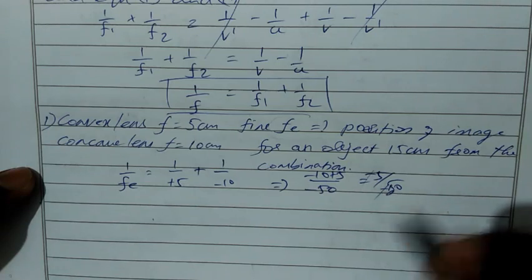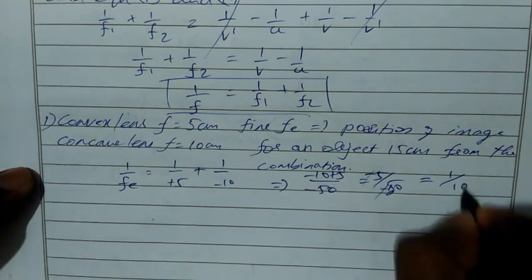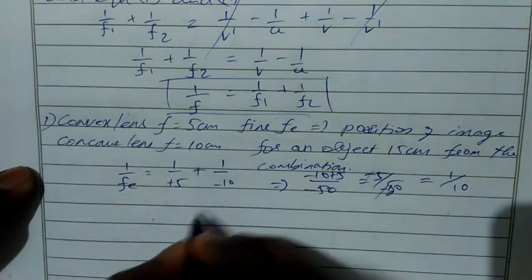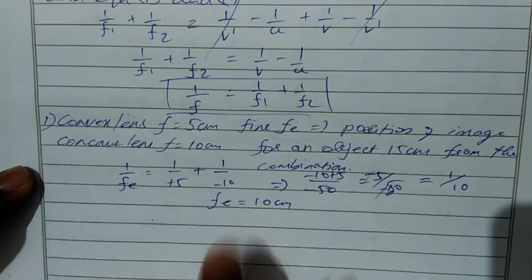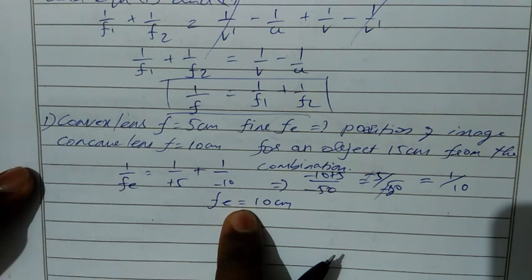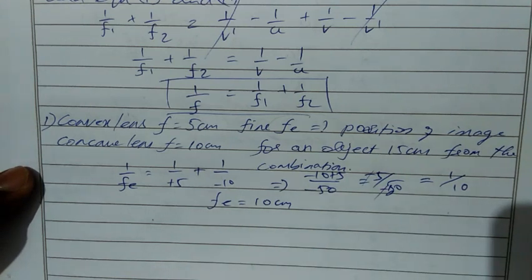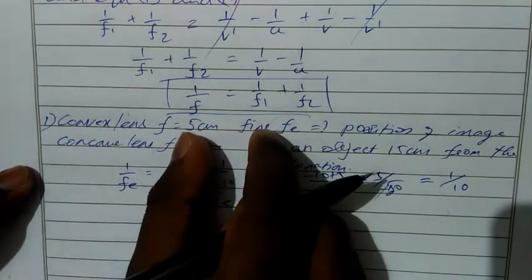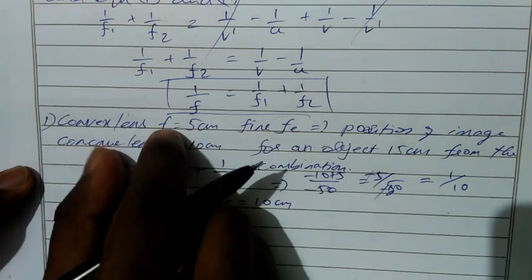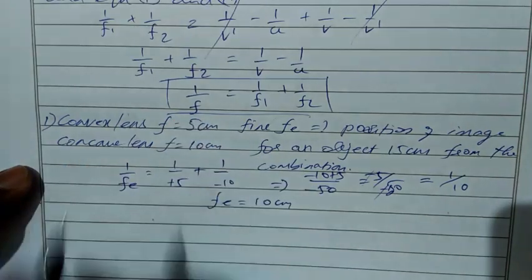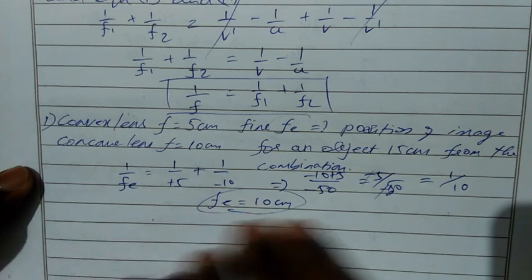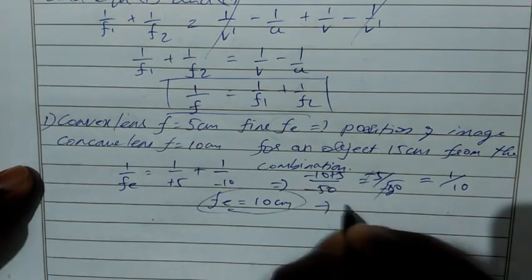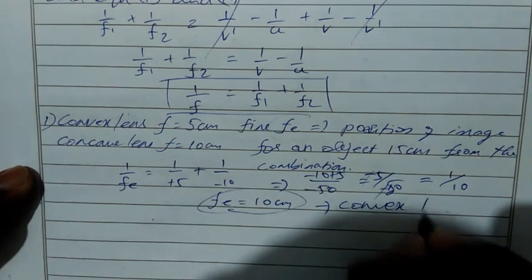Minus minus gets cancelled, and 5 by 50 is 1 by 10. So fe equals plus 10 centimeter, which means the net focal length forms on the right side. So the combination of the convex lens and concave lens behaves as a convex lens, because only for a convex lens do we have the focal length on the right side.